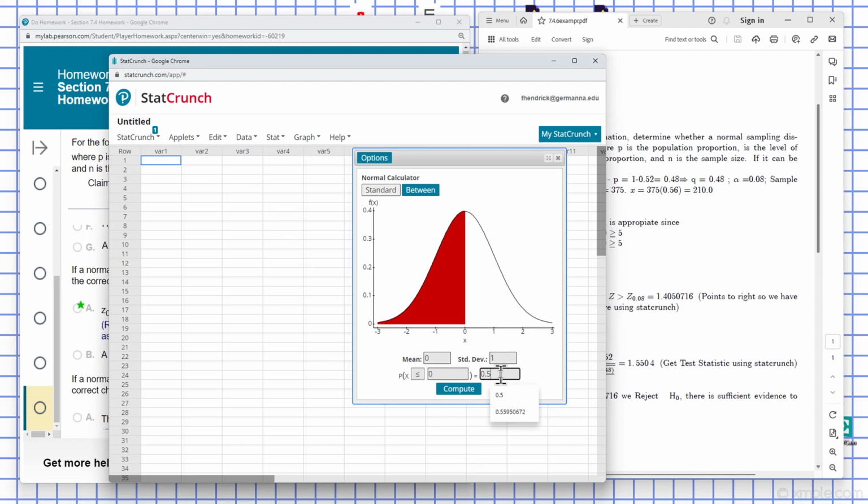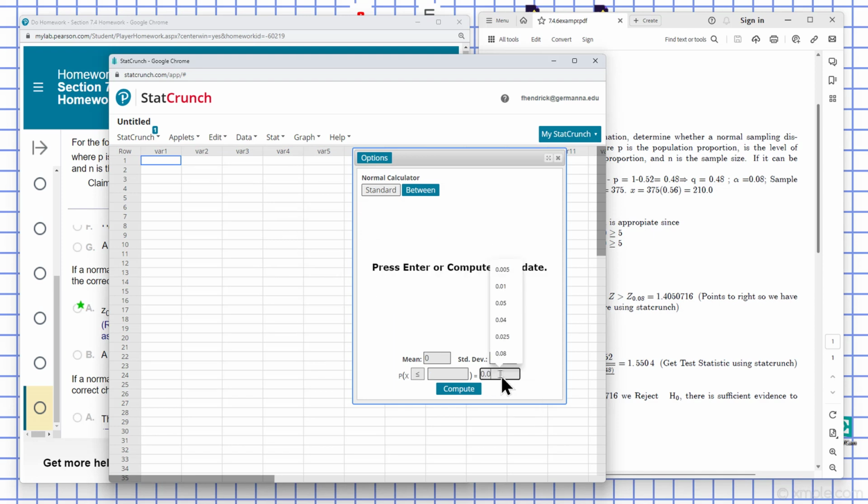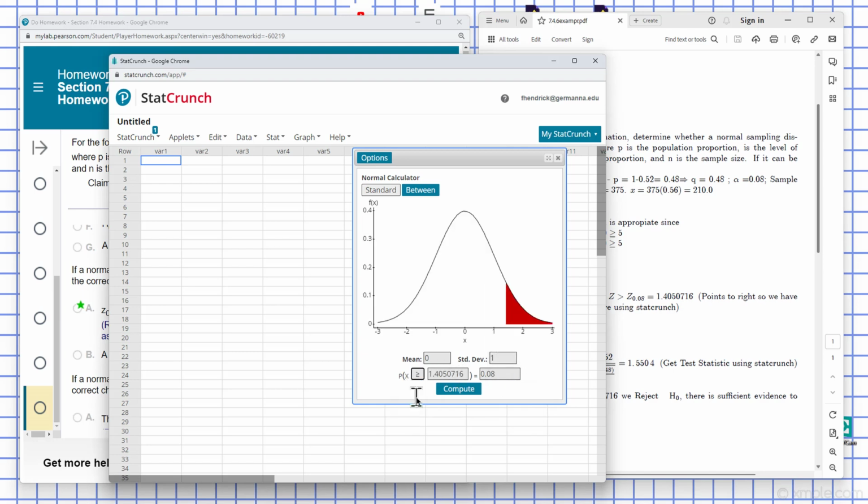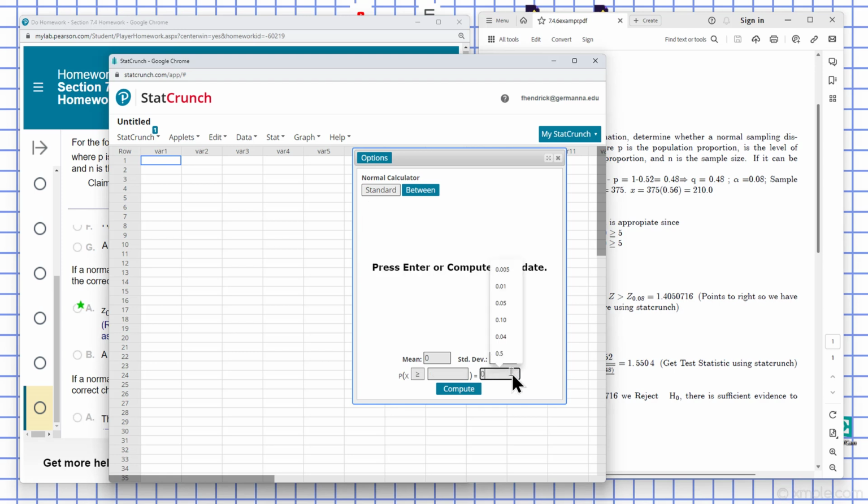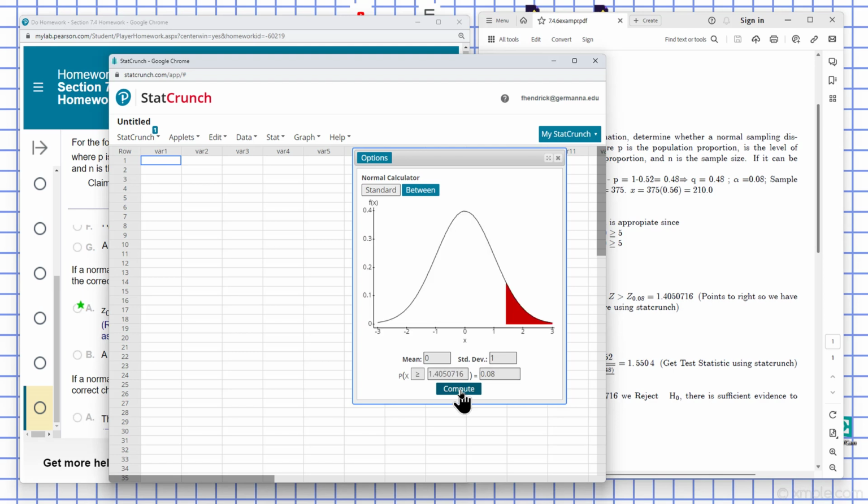And there's our z-score. Alpha is 0.08. Compute. And there it is. And that's our critical value.